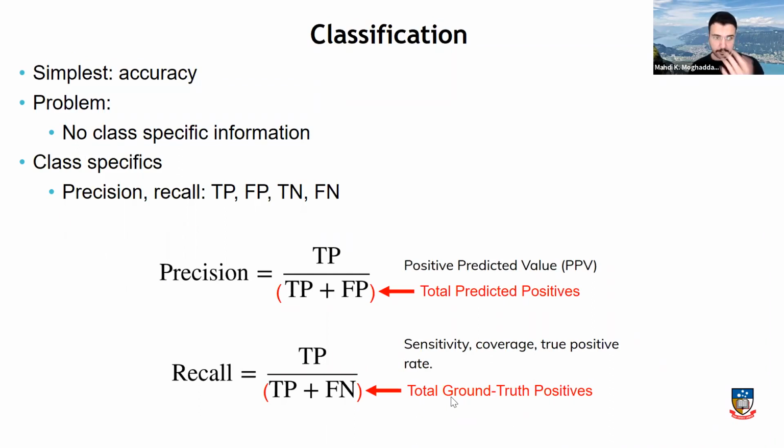I think these are fairly clear, but true positive is basically the number of samples that you were supposed to predict as a specific class and you did predict correctly. False positives are the ones that were from another class. Let's say they were supposed to be class 2, you predicted class 1. Those are false positives for class 1. True negatives are the opposite: it's another class and you correctly did not predict the same class.